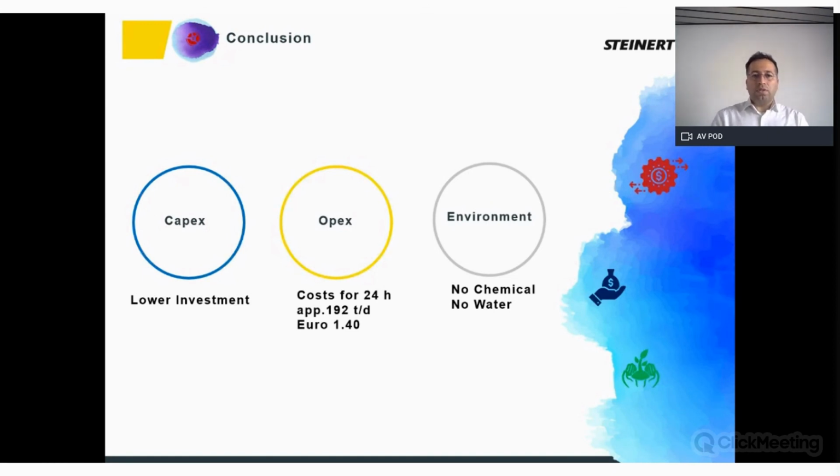And if I want to give you a summary at the end of the presentation: if you compare processing of low-grade manganese ore with dense media separation or jigging, where you use chemicals and water, you should think about the capex, which is certainly much more than the investment in high intensity magnetic separation, and even the operation cost and environmental effects will be much higher.